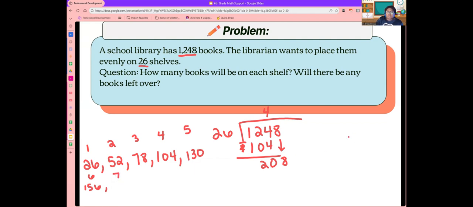And I'm going to just work this out too. That way you can kind of get used to the repeat addition. If we do another 26, that's 12, regroup with 1, that's 1 plus 5 is 6, plus 2 is 8. That is 182.